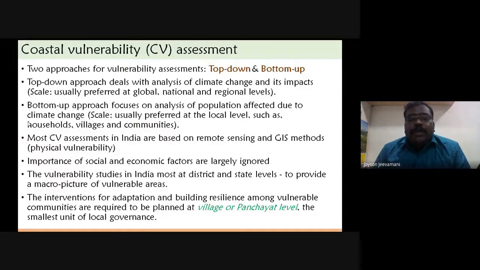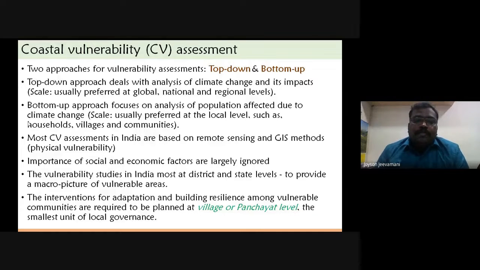So, coastal vulnerability assessment. We have learned what vulnerability is. Now the next step is how to assess the vulnerability. Since my topic is on the coast, it is coastal vulnerability assessment. Normally there are two approaches: the top-down and the bottom-up approach. The top-down approach involves the analysis of climate change impacts with advanced models and predictions of their impacts.